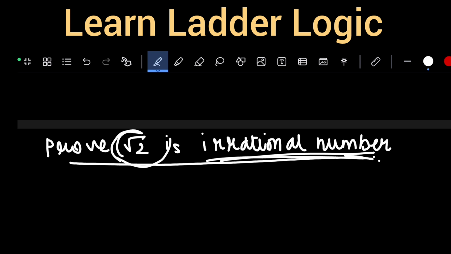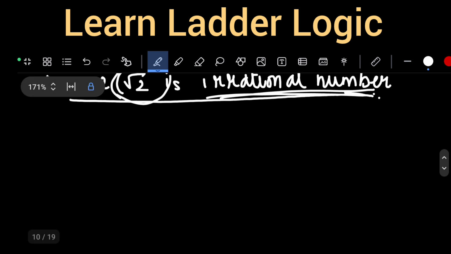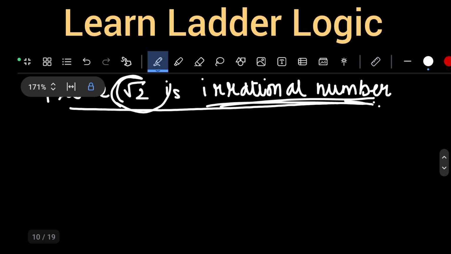This can be done by first assuming that root 2 is a rational number, then we'll show that this assumption is wrong and hence prove that root 2 is an irrational number. So let's see how you would write it if you are given this type of question in the examination.